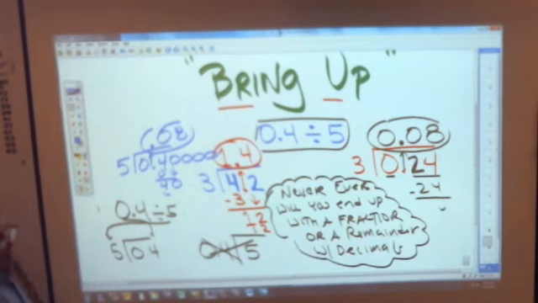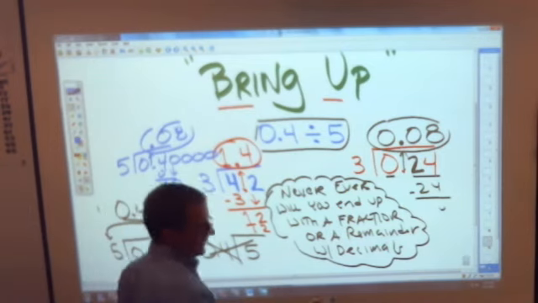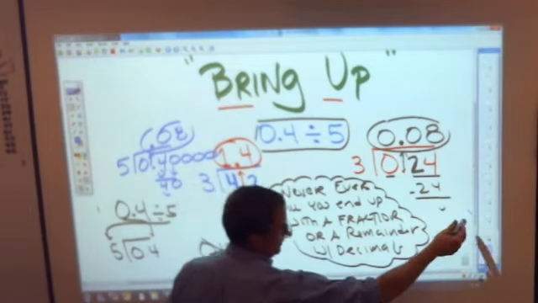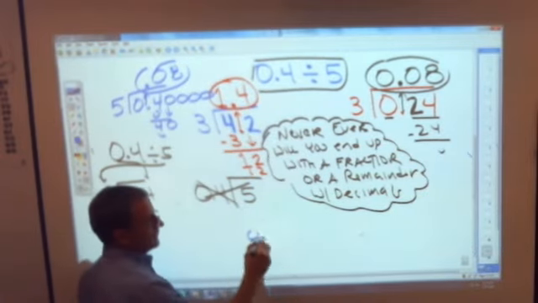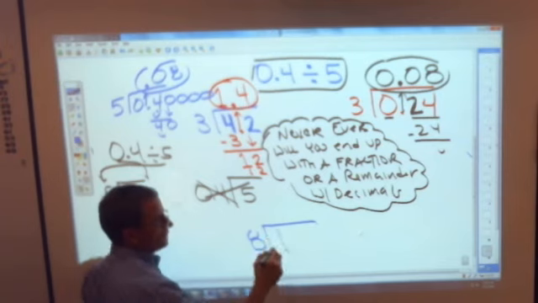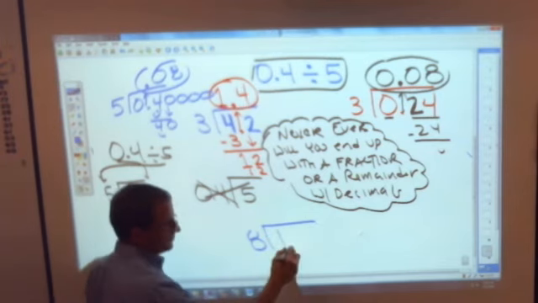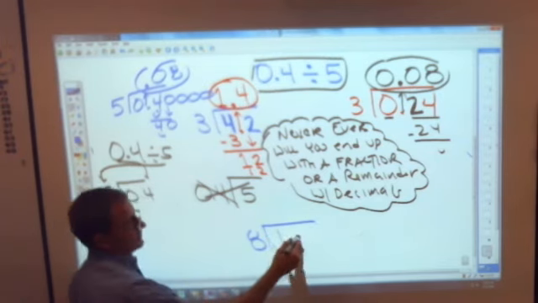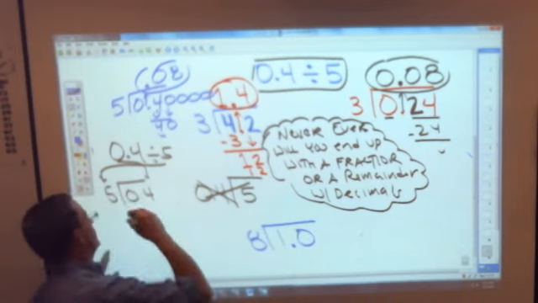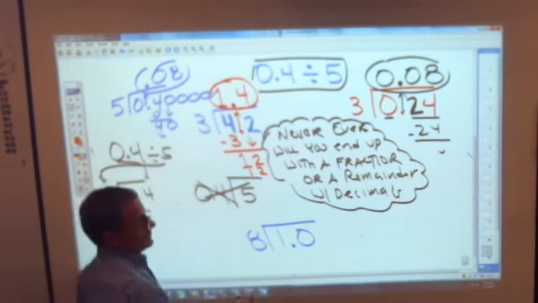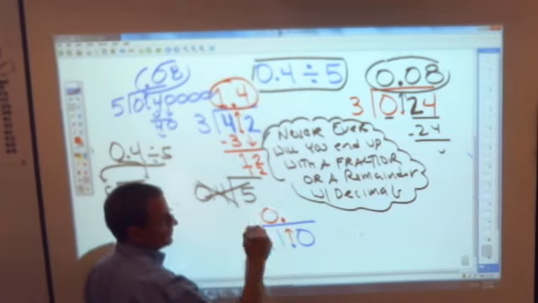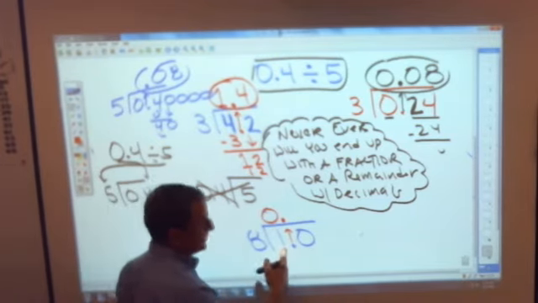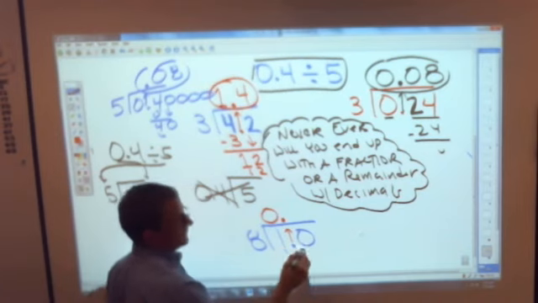But there's sometimes when I need to add a bunch of zeros. For example, if I take 8 and divide it into 1, I'll put the decimal there. And I'll actually put 8 into 1.0. Step number 1 is I bring up the decimal. 8 doesn't go into 1, I can put a 0 there. That was not required, but this one is. How many times does 8 go into 10?